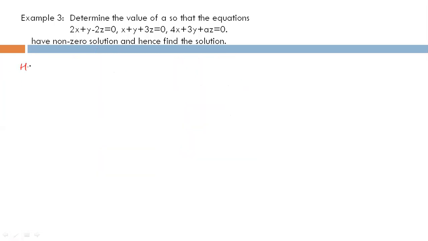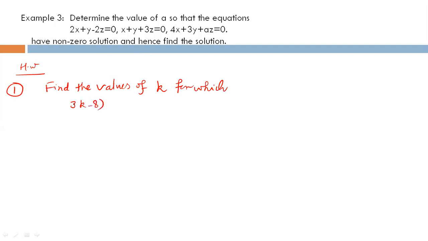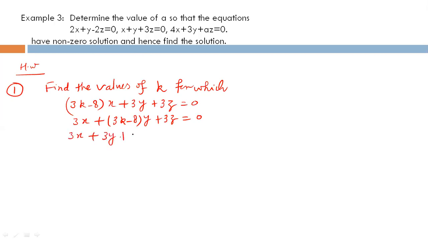First question: find the values of k for which (3k minus 8)x plus 3y plus 3z equal to 0, 3x plus (3k minus 8)y plus 3z equal to 0, 3x plus 3y plus (3k minus 8)z equal to 0 have a non-trivial solution.